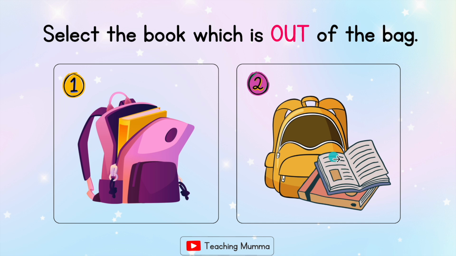So, which one is the right option? What will you select? Where is the book out of the bag? Option 1 or option 2? You are right. Option 2 is the correct answer. Here the books are out of the bag. Very good.